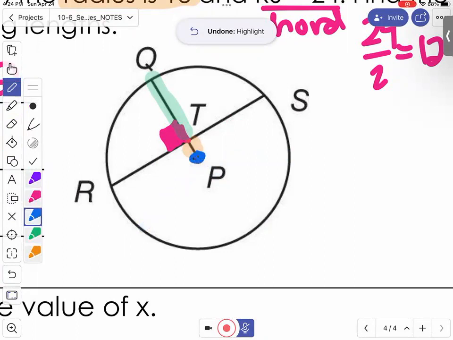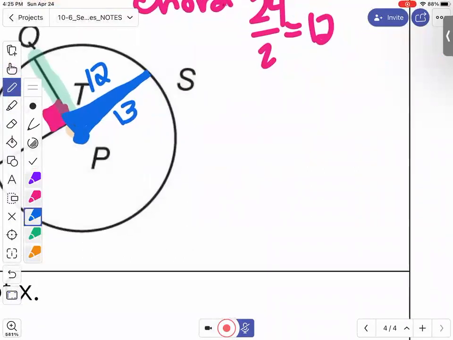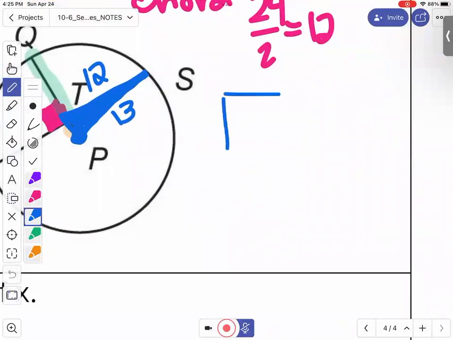So let's say we connect it to the ends of this chord. So now I have in fact created a right triangle. We know that the other side, T to S, was 12. So let's treat this missing piece. I'm going to redraw this triangle just a little bit bigger to work with.